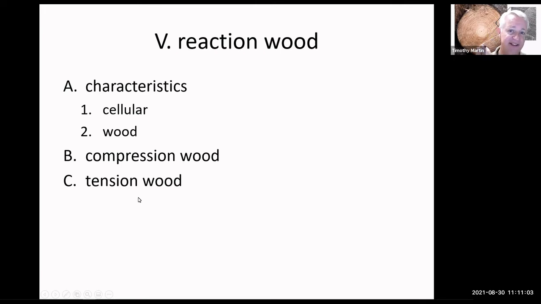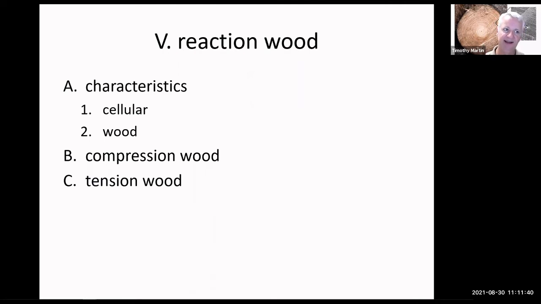So there's a fair amount of research on reaction wood because, again, reaction wood influences the commercial value of wood. There are some characteristics of reaction wood that make it less desirable. For instance, at the cellular level, reaction wood tends to have larger tracheid lumina, some shorter tracheids, large intercellular spaces, and in angiosperms, the presence of fibers that are gelatinous.